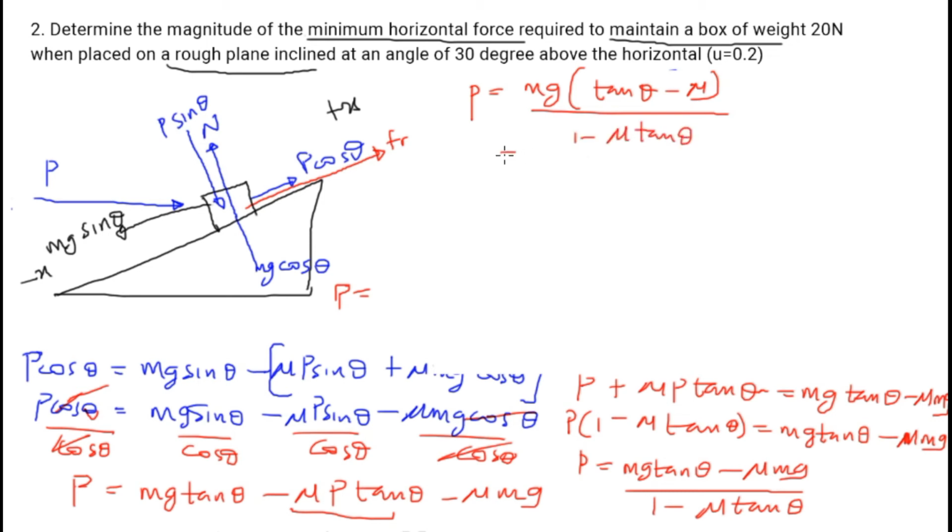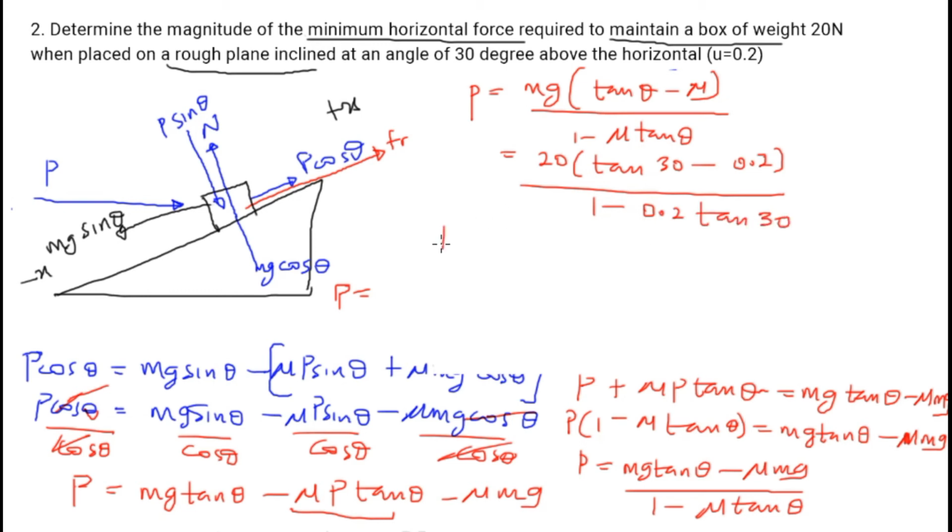So upon substitution, mg, which is the weight of the object, is equal to 20 newton. Then tan theta, theta in this case is 30 degrees, then minus mu, mu in this case is 0.2, upon 1 minus mu, which is 0.2, then tan of 30 degrees.